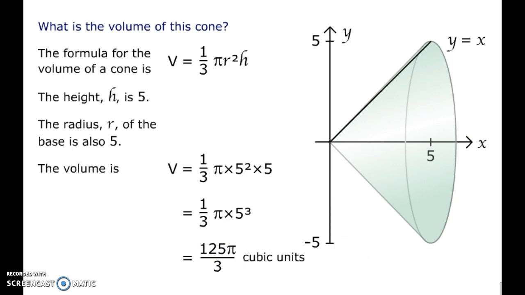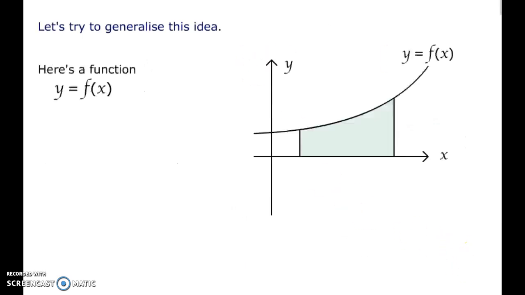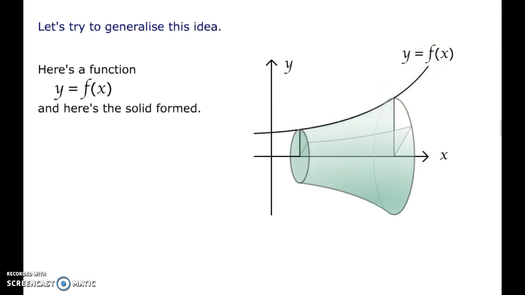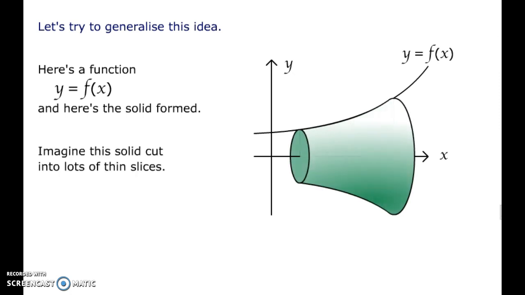Now let's generalize this idea to figure out the procedure for finding the volume using integration. Let's take another function, y equals f(x), and if you revolve it, let's see what solid is formed. Imagine this solid cut into thin slices parallel to its height.